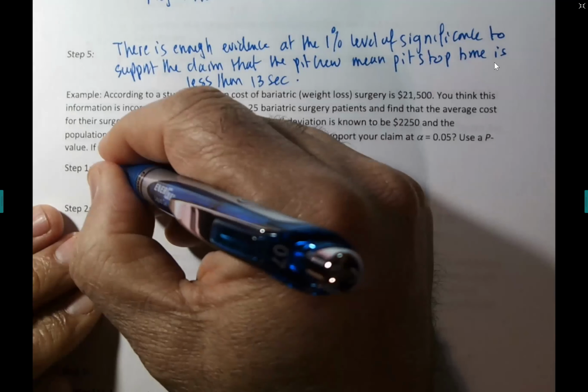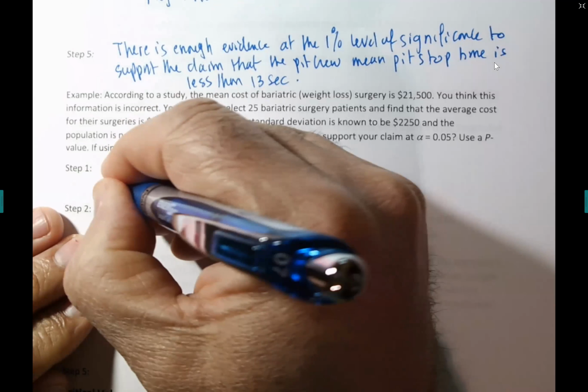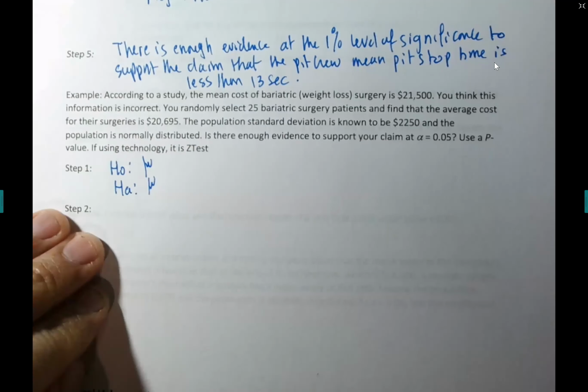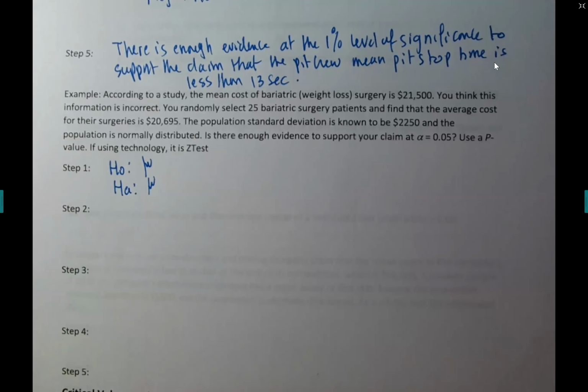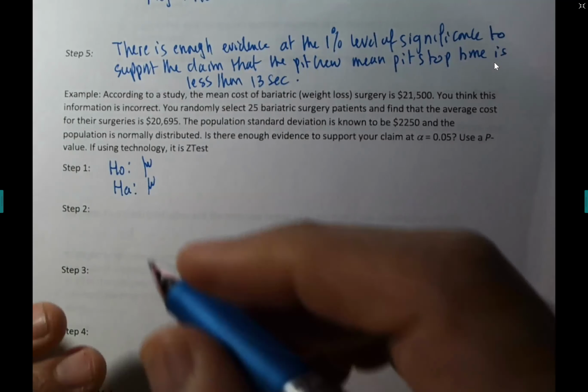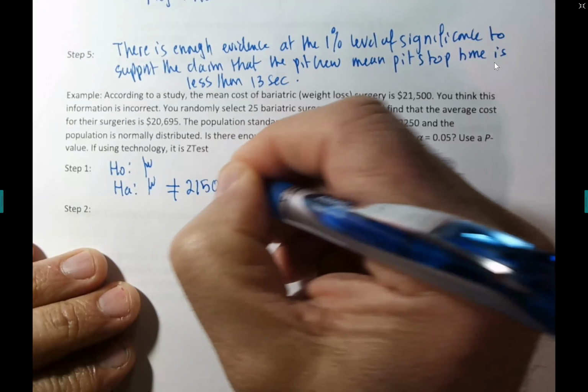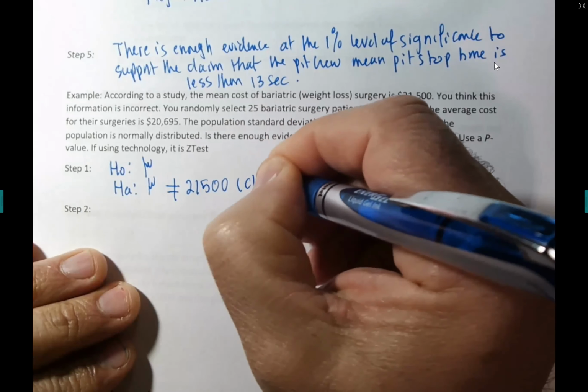Help me out. It's you who's making the claim that this is not correct, and you want to study this claim. Alternative would be mean is not equal to 21,500. Excellent, very good. Because you're saying this is not correct. That means not equal to 21,500. That's the claim.